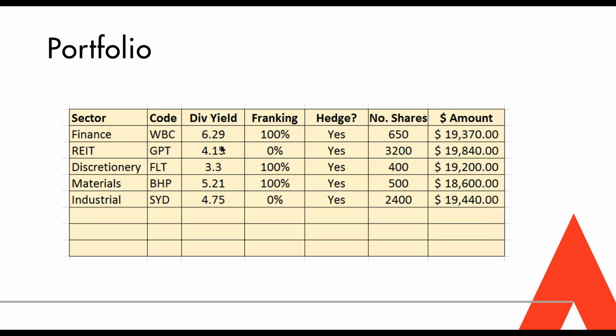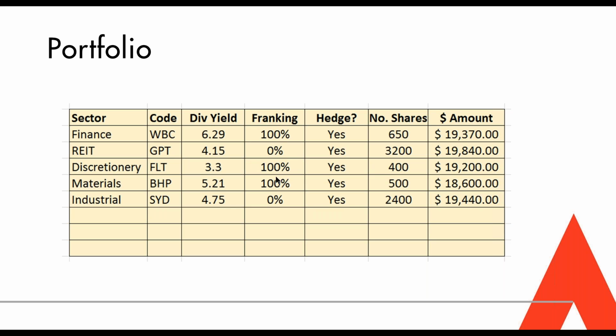So here's my group of shares, and you can see that I've selected out of all of those outperforming sectors. I've got a good average of dividend yield here of around the 5%, which is going to add to my potential capital gain to give me an effective return across the year.